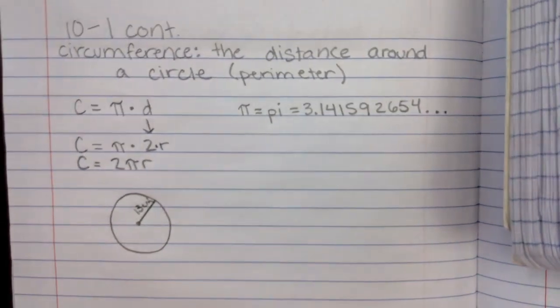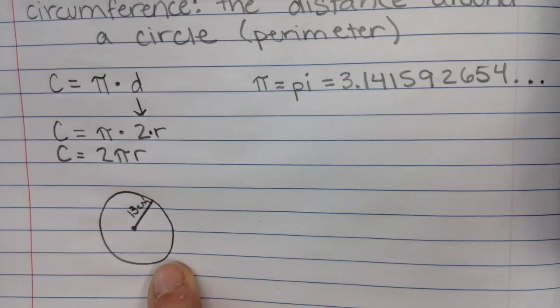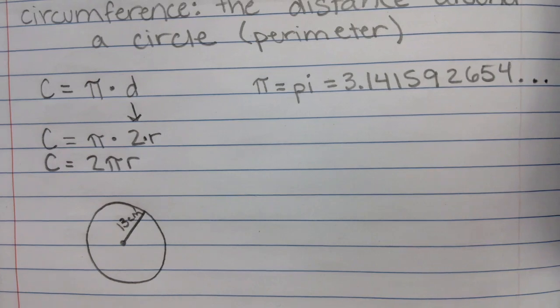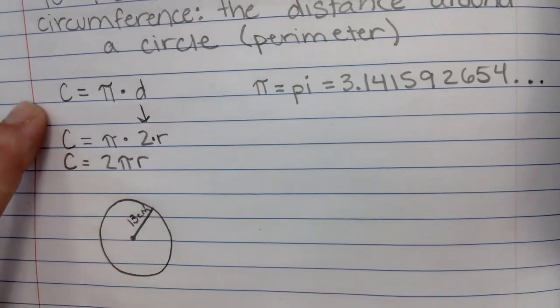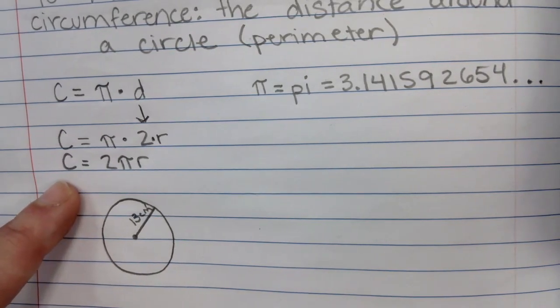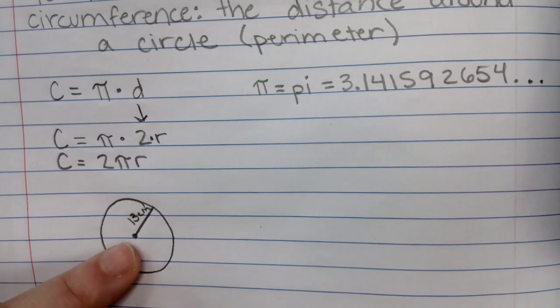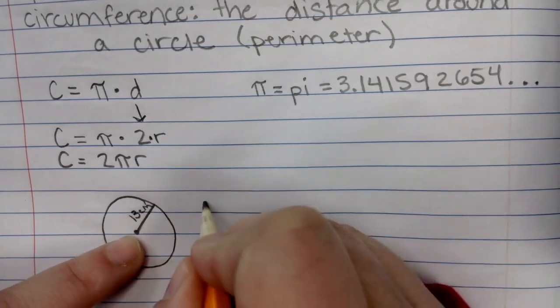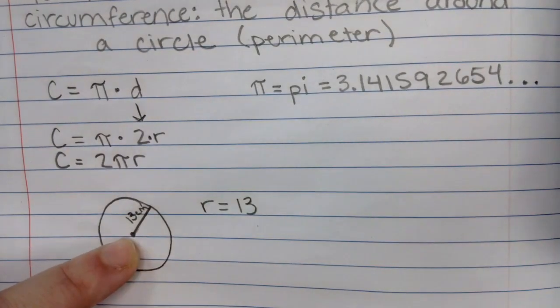In this picture here, would we use pi times diameter or 2 pi times radius? 2 pi r. Why would we use 2 pi r? Because the 13 is the radius. So the biggest thing here is identifying whether you have your diameter or radius. Because we have our radius, we'll use our 2 pi r. Circumference is 2 times pi times, what's our radius?